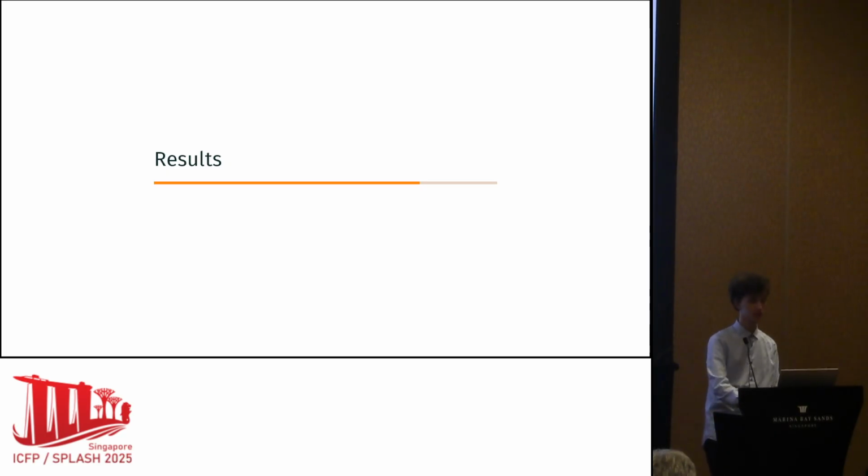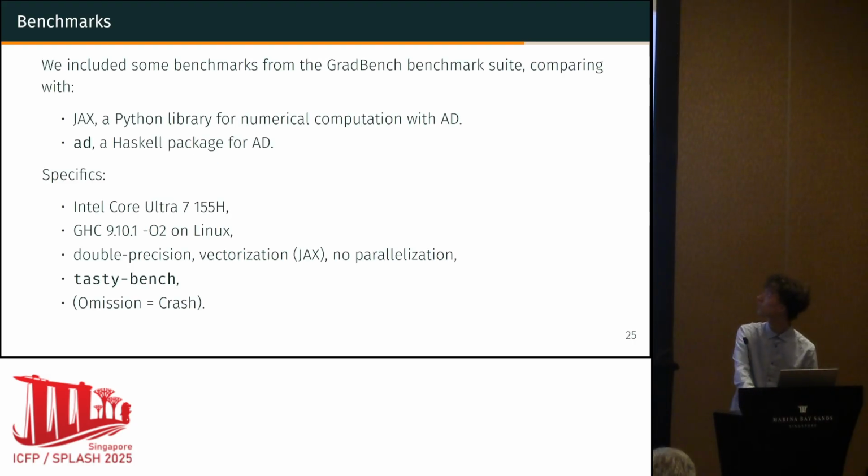Now we actually went on and figured out how much faster this makes everything. And for that we wrote some benchmarks. And we compared our compiler against JAX, a Python library for AD, and AD, a Haskell package for AD. And I'll note that we'll use double precision. We do allow vectorization, but to level the playing field a bit, we run everything on a single core.